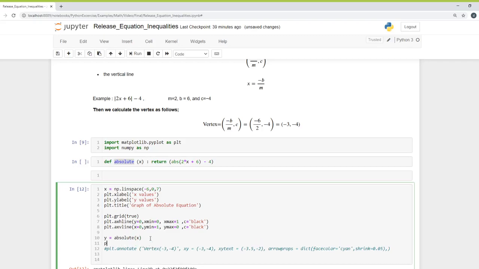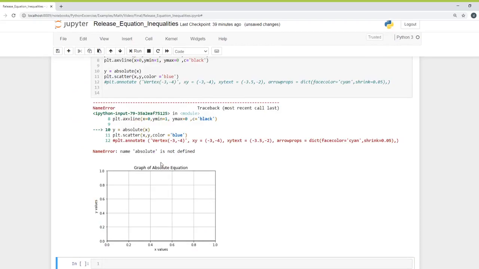Create the chart with plt dot scatter, x comma y, comma color is equal to blue. Shift enter.